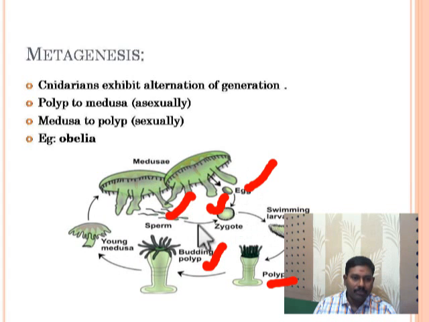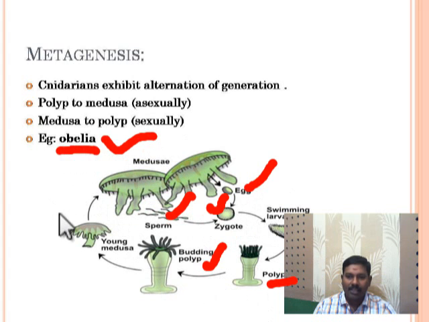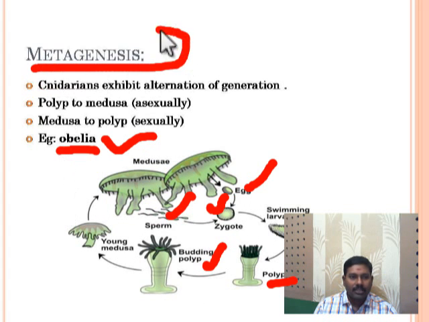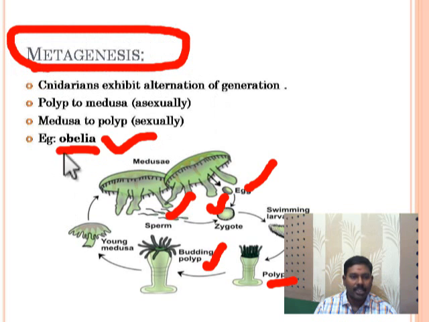This is the alternation of generation between medusa to polyp and polyp to medusa. This will happen in the case of Obelia or Hydra. So the question can be asked: metagenesis happens in Obelia or Hydra.